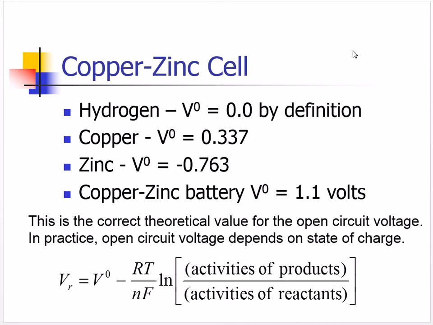So a copper zinc, the difference in the voltage is 1.1. So a copper zinc battery cell would have a voltage of 1.1.